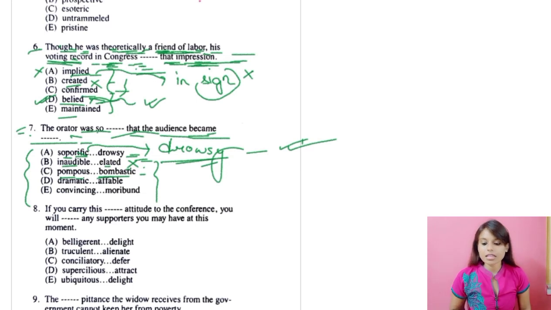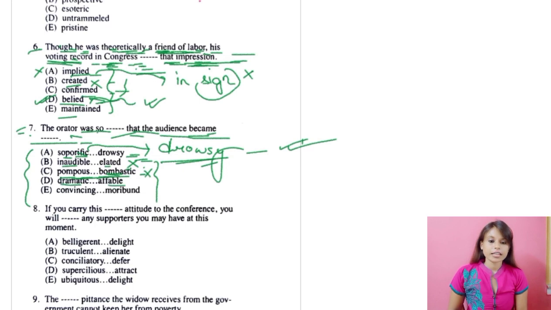And bombastic means pompous only. You can say these two words are synonymous. Bombastic means high sounding but with little meaning, a kind of inflated speech, using very impressive, long words just to make an impression on the audience. So this won't go.